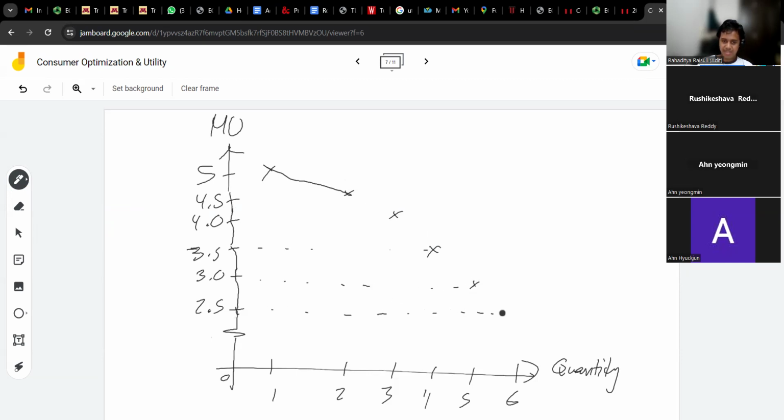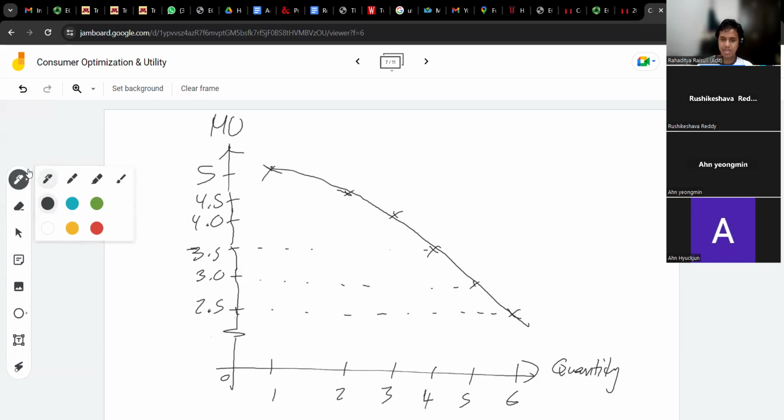Then 6 is 2.5. This is supposed to be a straight line, but because I plotted it very weirdly, it's not actually a straight line. But pretend it's a straight line. Sometimes you won't have a straight line in your exam. Sometimes it will be a curve, and sometimes a curve in a different way. But always remember marginal utility is decreasing. So just adapt based on the situation.